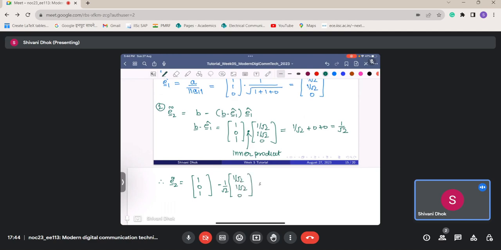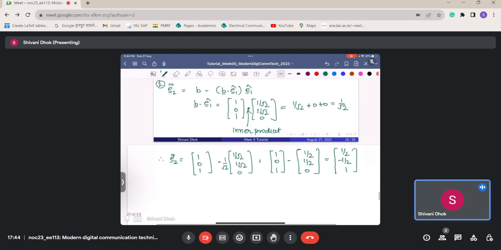So this is equal to (1, 0, 1) minus (1 by 2, 1 by 2, 0). So this comes out to be 1 minus 1 by 2, that is 1 by 2. 0 minus 1 by 2, so it is minus 1 by 2, and 1 minus 0 is 1.